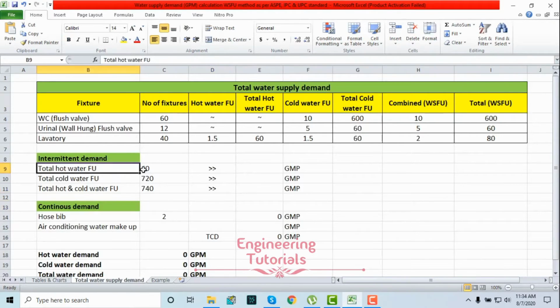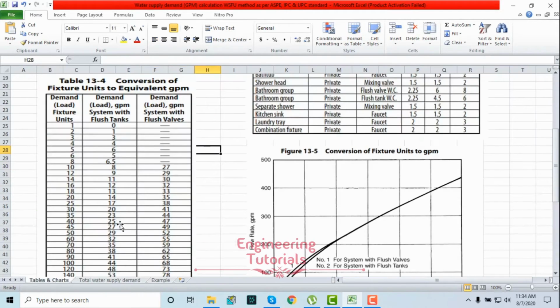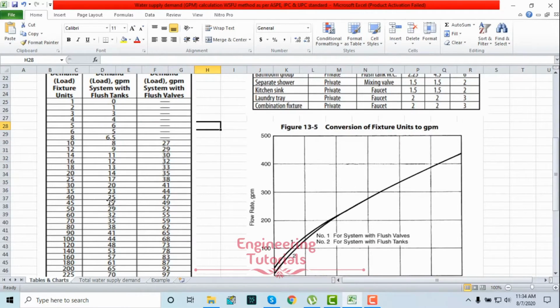First is hot water, that is 60 fixture units, for the lavatory. So we are going to use this; there we have two columns, flush tanks and flush valves. For 60 fixture units, for flush tank it's 32 GPM.